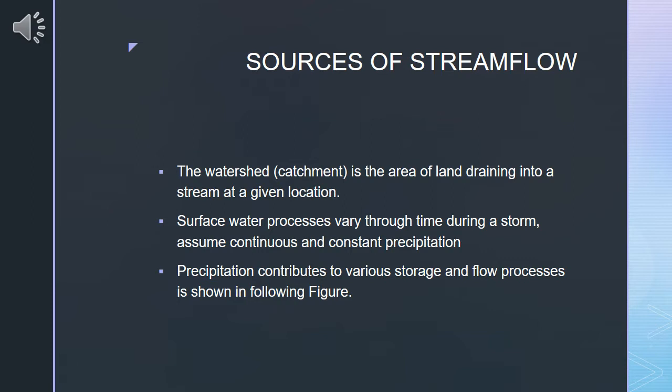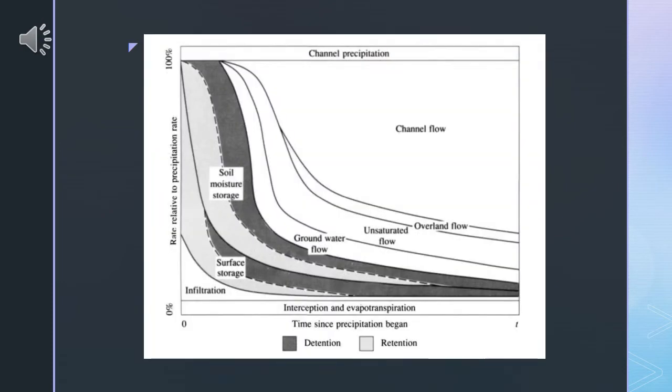Assume continuous and constant precipitation. Precipitation contributes to various storage and flow processes, as shown in the following figure. Here we can observe that when the precipitation occurs, there is a time since precipitation began, the time period, versus the rate relative to precipitation rate.